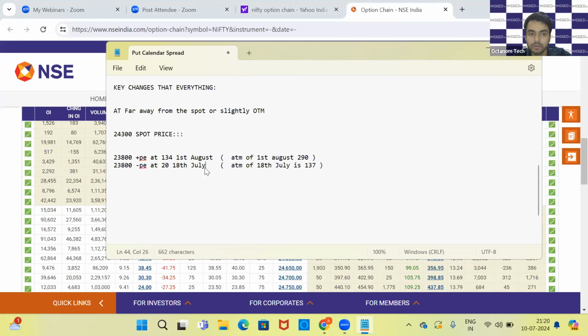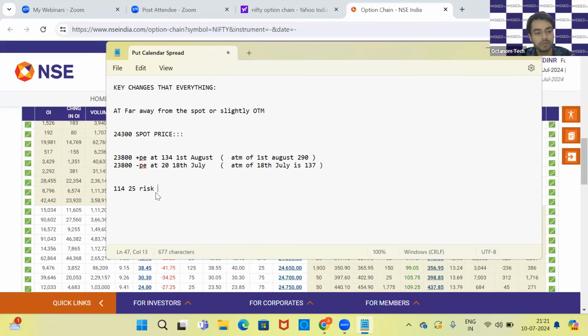Is that clear? 134 is my debit, 20 is my credit. Is that clear? Yes, perfect. So my maximum risk over here is how much? 104, 114. Sorry, 114 is my maximum risk. Even if I'm not opening the screen and not doing anything, 114 is my maximum risk.